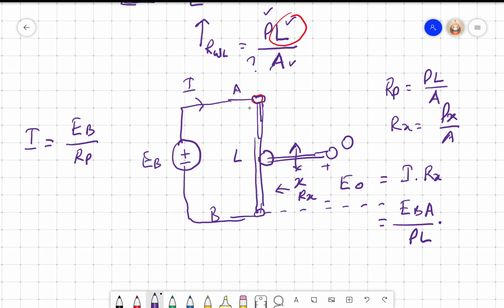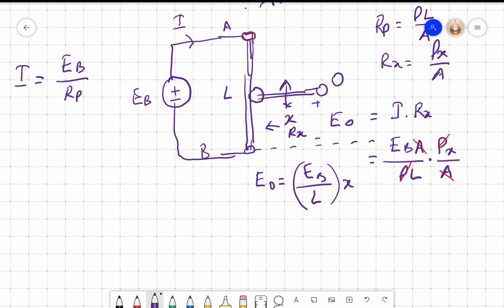Rx I know, rho into small x by A. So if we cancel A, A, rho, I get E0 is equal to EB by the total length L into x, right?